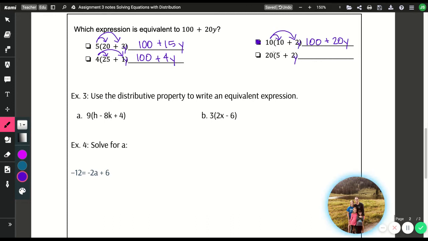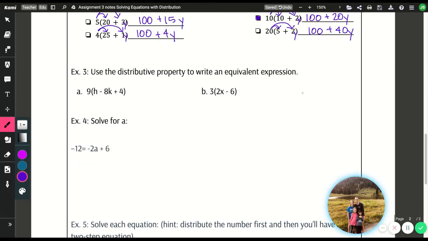And our last one that we'll check, starting with the 20 that's out in front, we're going to multiply it in. 20 times 5, again, we get 100, so the first number is correct. And then when we distribute 20 times 2, that is 40y. So once again, our first term matches, but the second one I was supposed to get 20y, and we got 40.